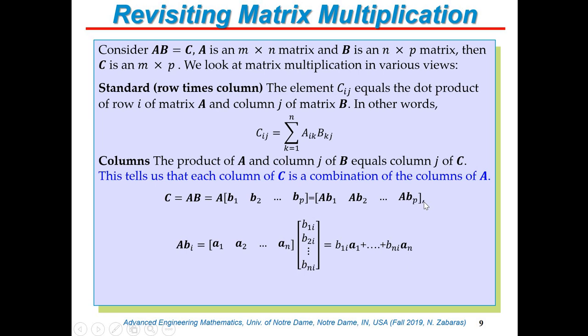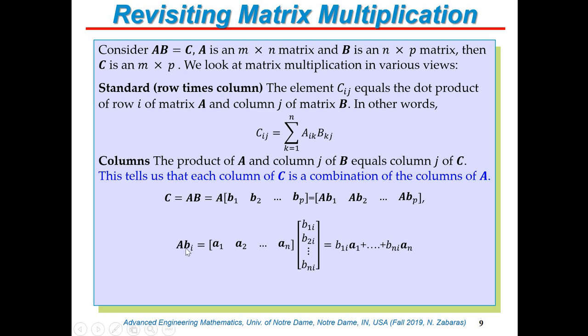So every column of the matrix AB has this form, and you can immediately see that each of these A times B is nothing else but a linear combination of the columns of A. Why is that? I remind you that when we multiply from the right a matrix, we get a linear combination of the columns.